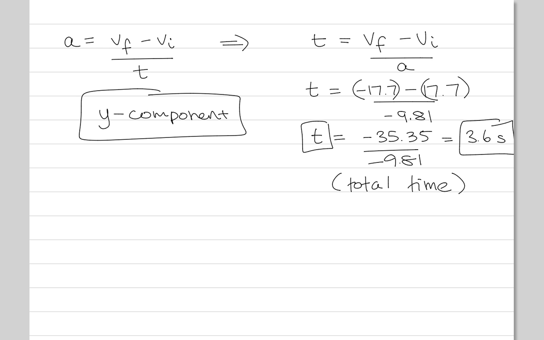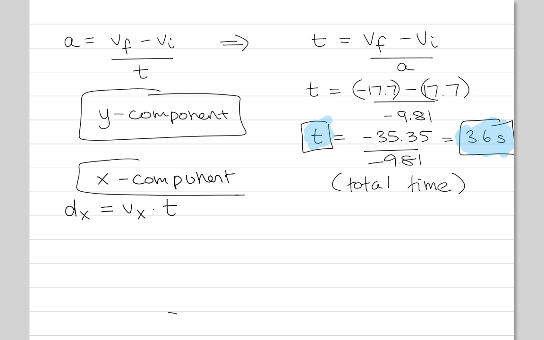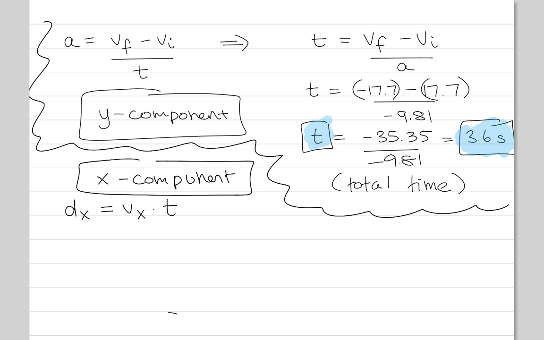Next, let's find the horizontal displacement. That's really easy. Once you find the time, then it's just dx equals vx times t, and now we're into some x component business. So I'll show you a little separation. So we're solving for the range now.